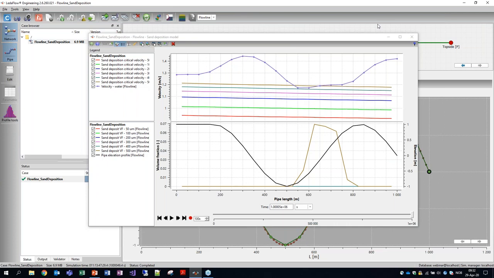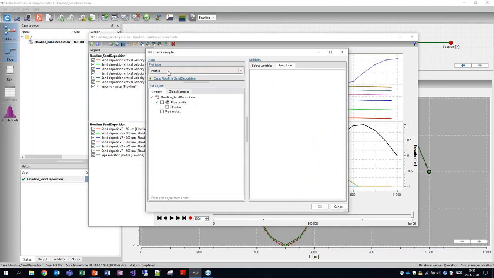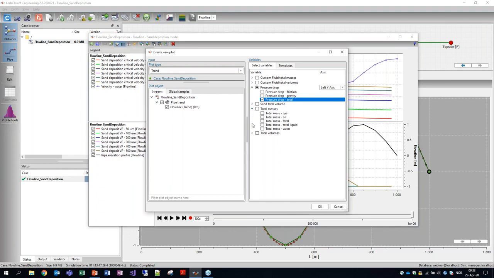Can we see the effect on pressure drop in line with the increasing sand volume fraction? Yes, I can even try to plot that. So let's plot the total pressure drop.